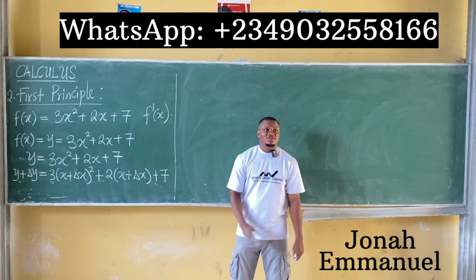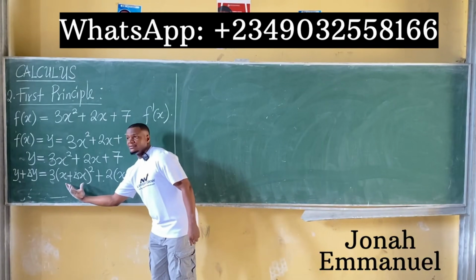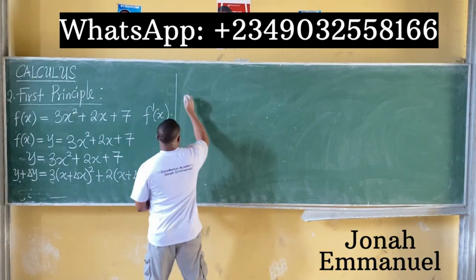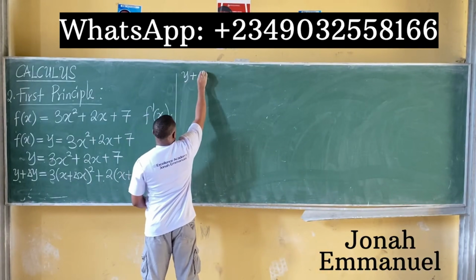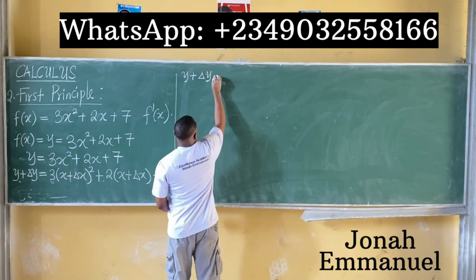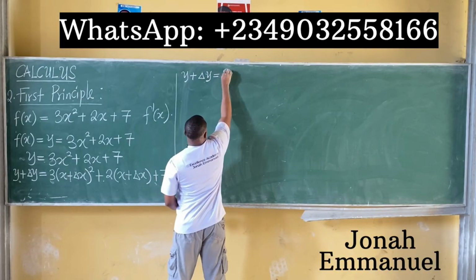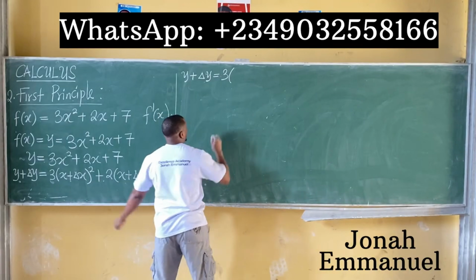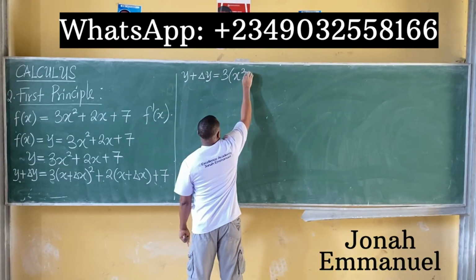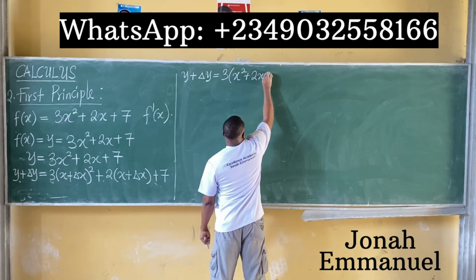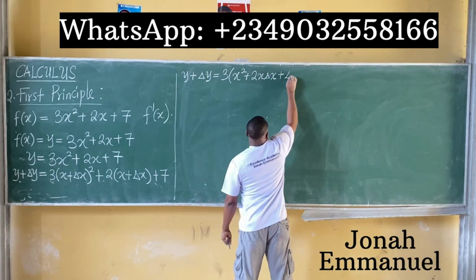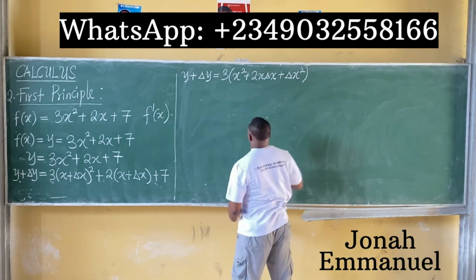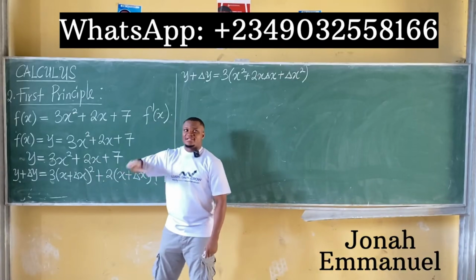After doing this, what next? You simplify. So I have y plus change in y is equal to 3 times x squared plus 2x change in x plus change in x squared. We already expanded this earlier in the previous example.